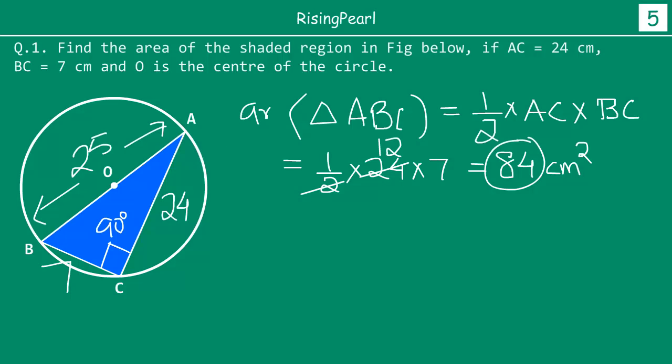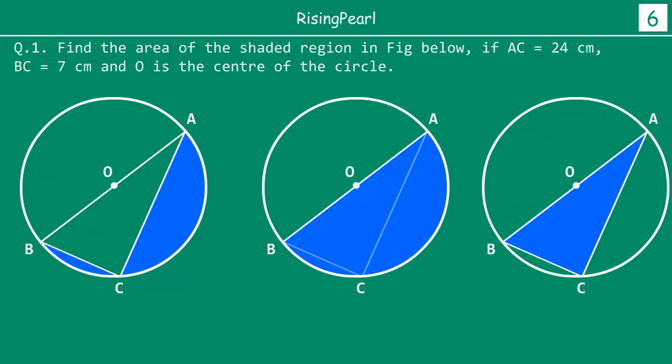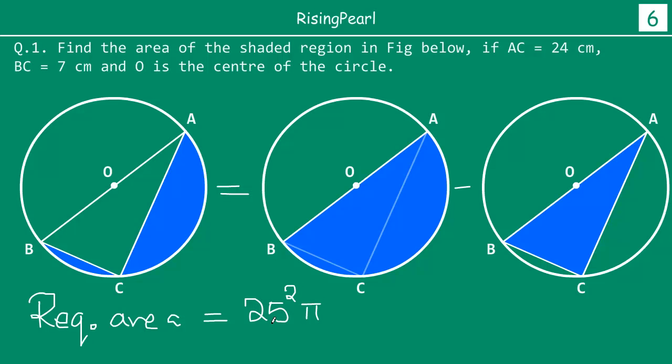So quite simply at this point, we can say the required area, like we have seen, is equal to this minus this. So whatever the value that you have here, which is 25, now at this point you have to open this up and perform the actual computation.